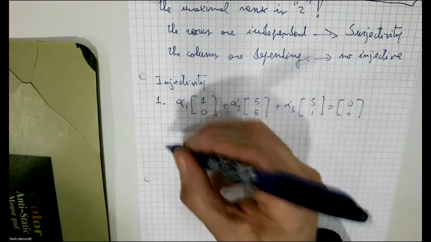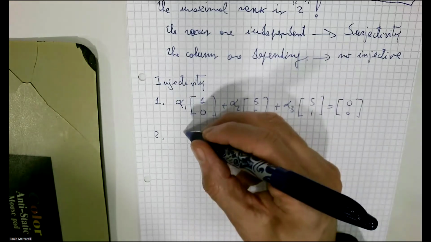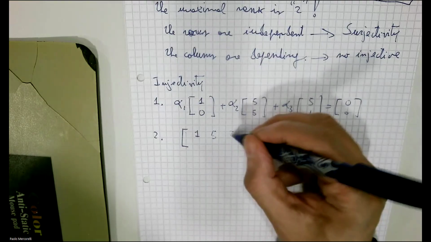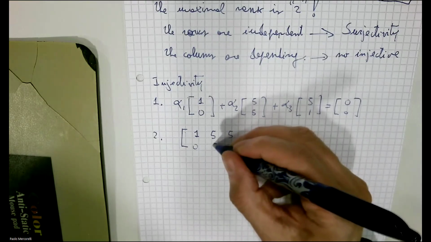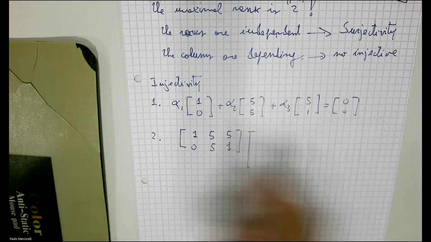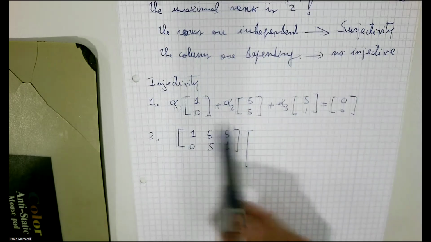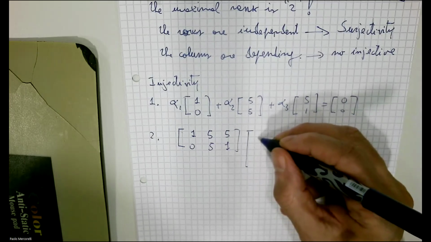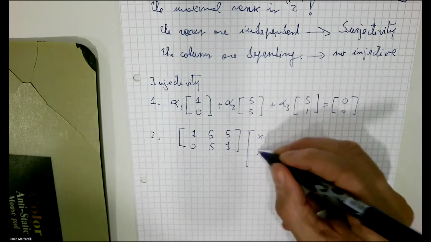We did another method, which I do now until I calculate completely, using the kernel. The two methods are equivalent. I emphasized this one in the lecture. The kernel means I would like to find, in this case, x1, x2, x3.